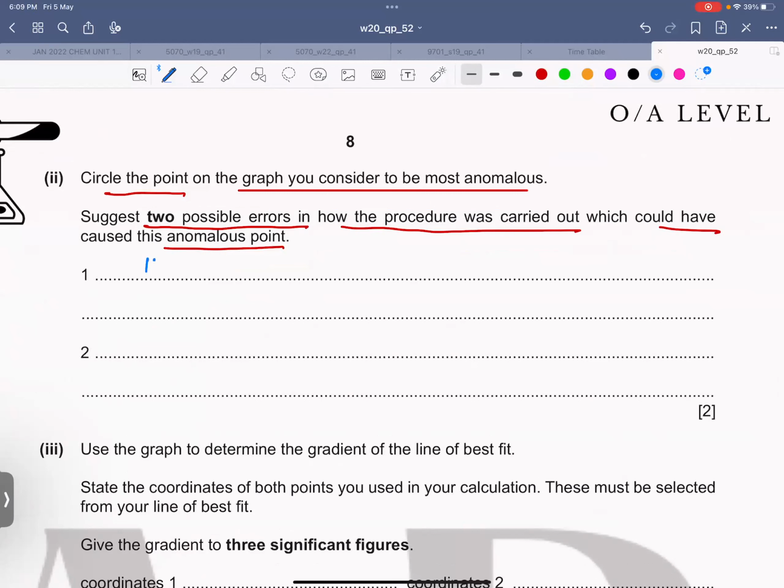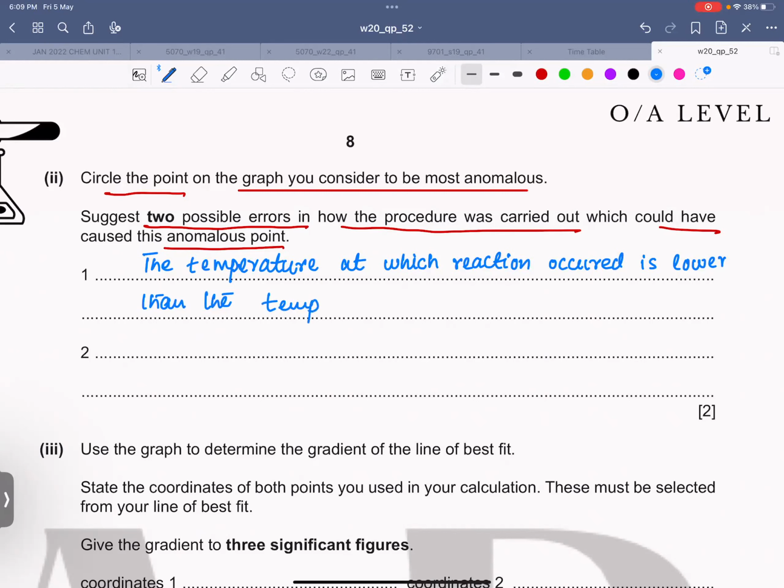First, the temperature at which reaction occurred is lower than the temperature recorded.